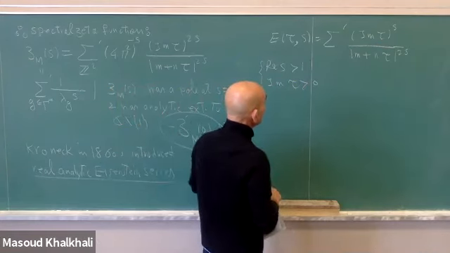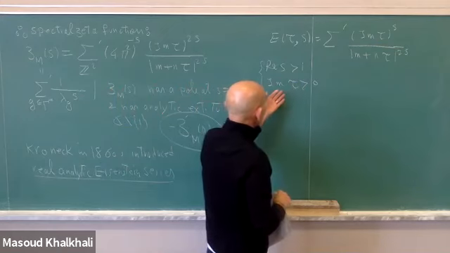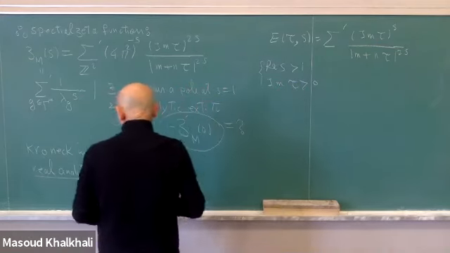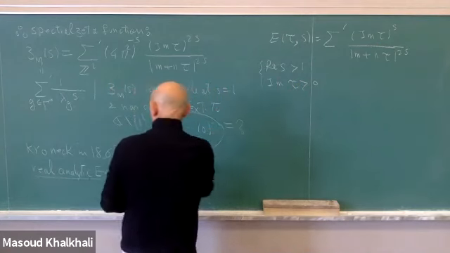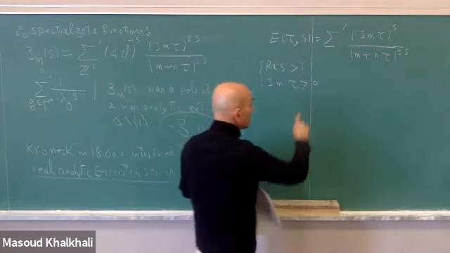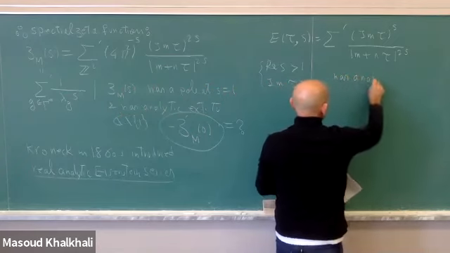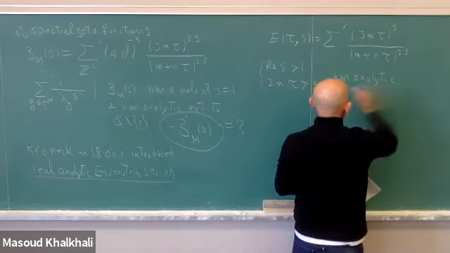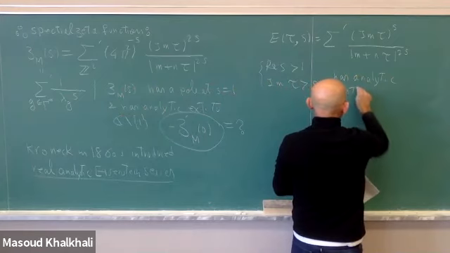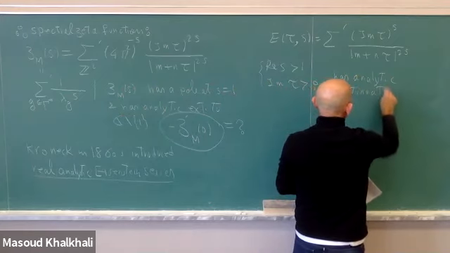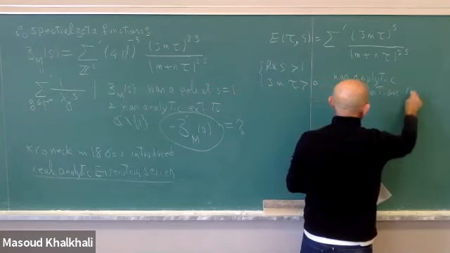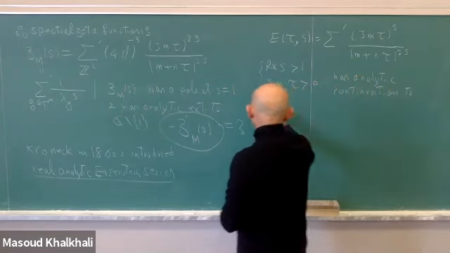But in any case, Kronecker showed that this function has an analytic continuation also, to C minus 1.